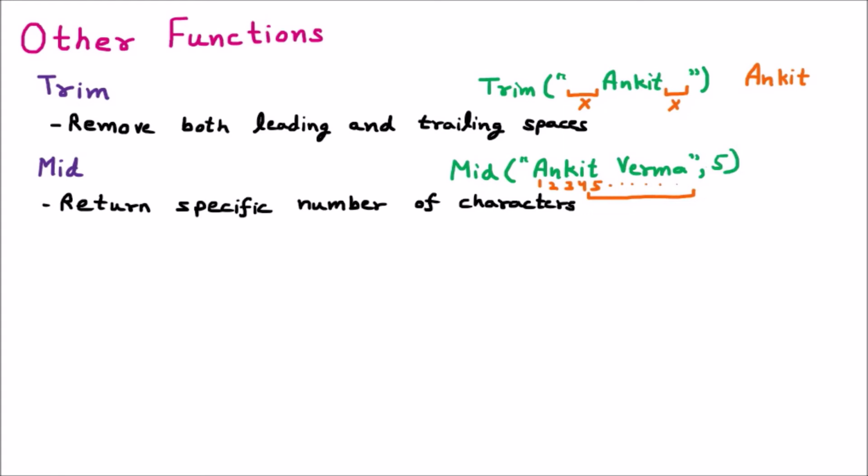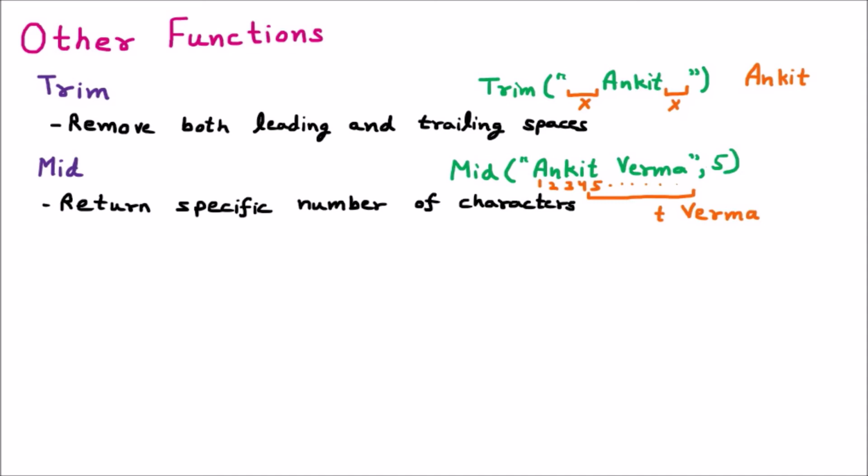So all these characters will be coming starting from the 5. The fifth character is T. So the answer of this will be T, then one space, then afterward V, E, R, M, A. So starting from the fifth character to all the remaining characters, that will be the answer. So here we are going to find the specific number of characters using the mid.